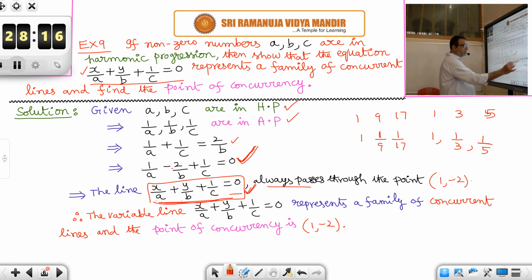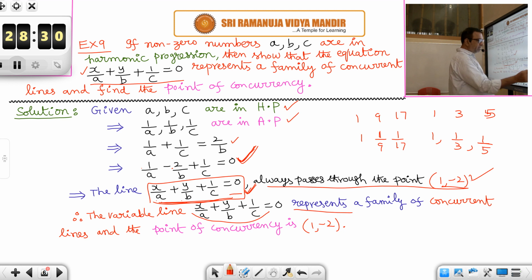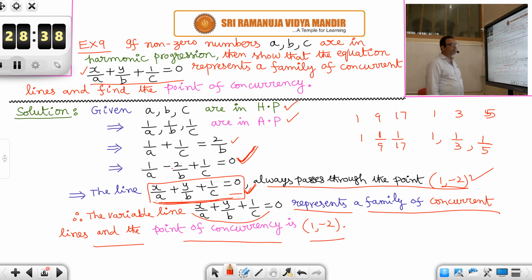That means this line always passes through the point 1 comma minus 2. Therefore this variable line x by a plus y by b plus 1 by c is equal to 0, when a, b, c are in HP, represents not a single line but a family of concurrent lines, and the point of concurrency is 1 comma minus 2.